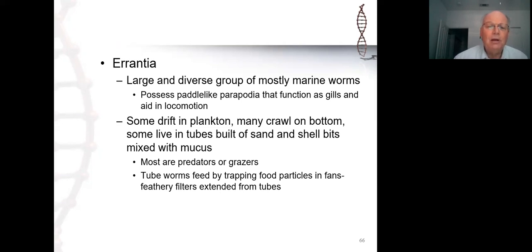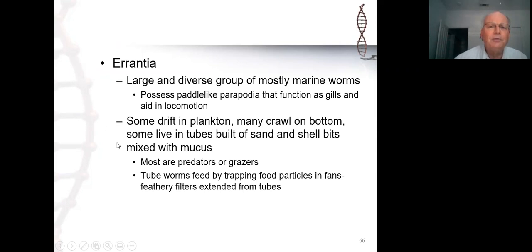But also these parapodia are highly vascularized, and so they are used for gas exchange as well, and can also serve as a means of locomotion. They are parapodia, parallel legs, so they can be used for locomotion as well for those that crawl across the surface. Some drift as plankton, so these are the swimmers.